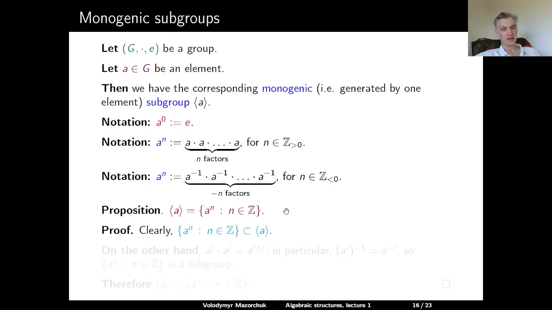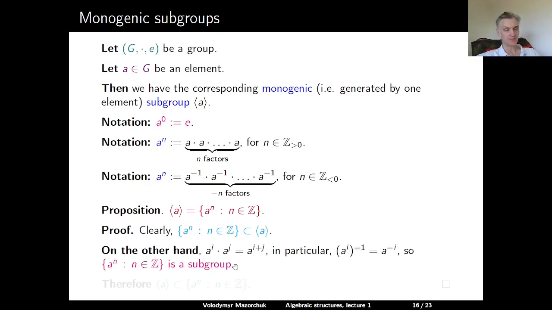Proof. Clearly, the right-hand side is a subset of the left-hand side. The minimal subgroup containing a must contain all powers of a, it must contain the identity, and it must contain all powers of a inverse. On the other hand, multiplying a to the power i with a to the power j gives a to the power i plus j. It's very easy to show, and in particular the inverse of a to the power i is a to the power minus i.